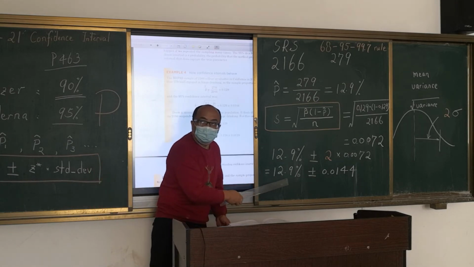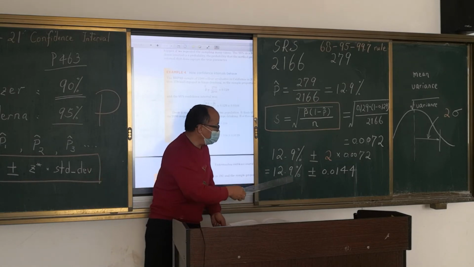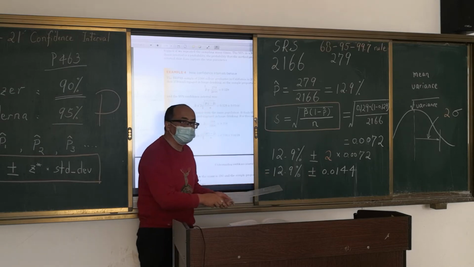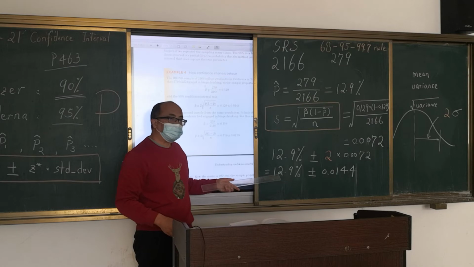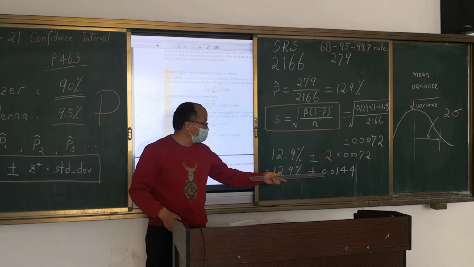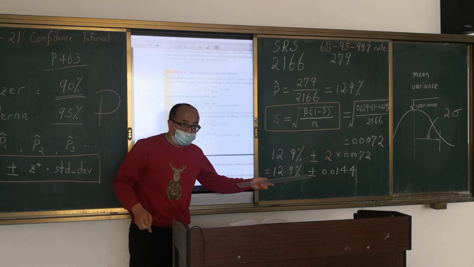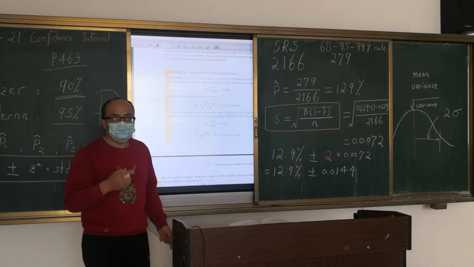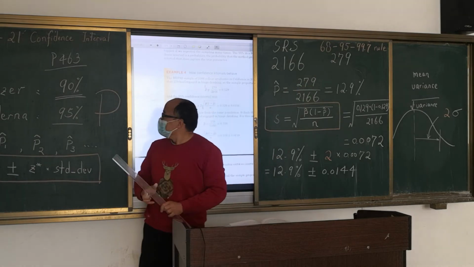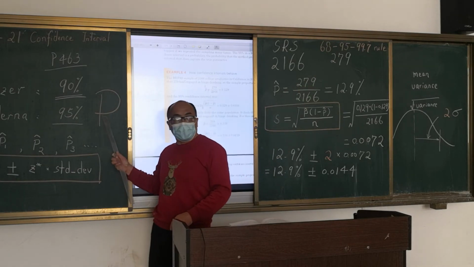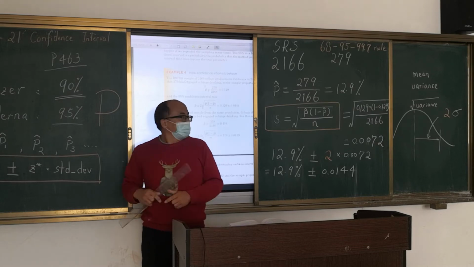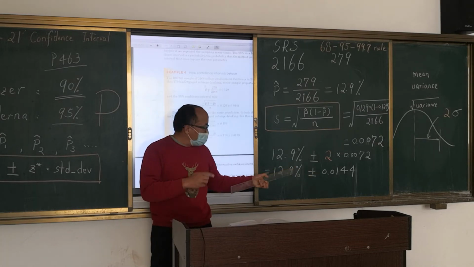Can you guys see it from the back? So this means 95% of the times, this big P, this ghost P, is in this range plus minus.